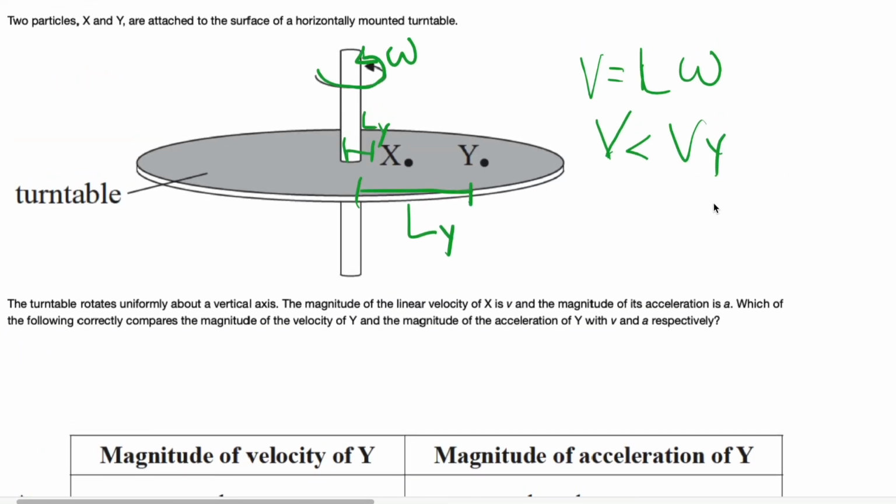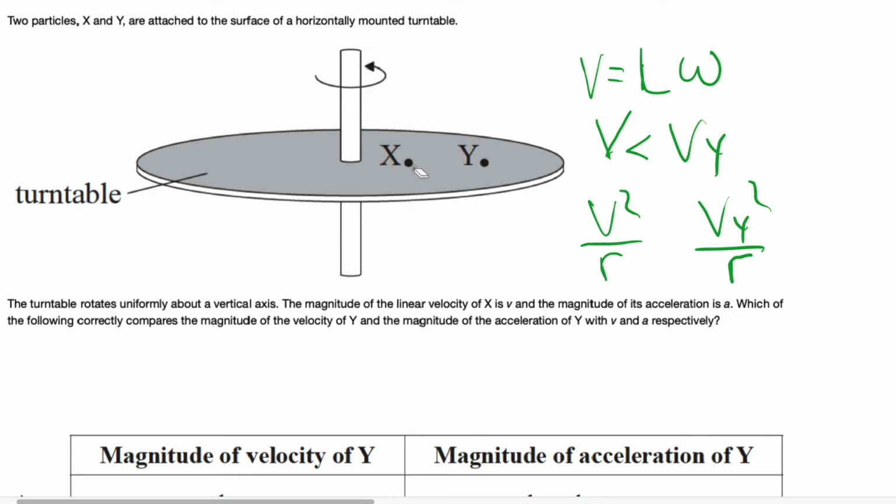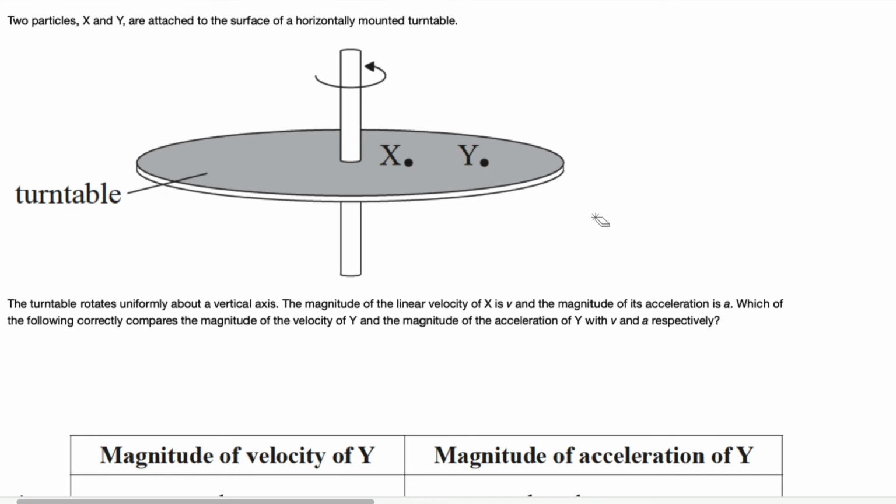And if the velocity is greater, then we can calculate their acceleration. So how do we do this? You can solve this mathematically. Let's just say this is Lx, this is Ly.